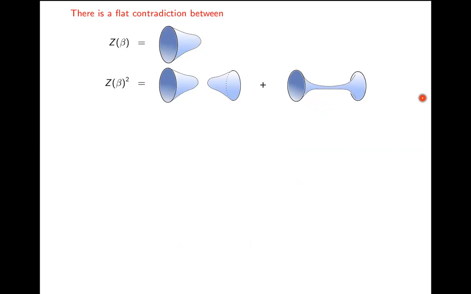And there's a contradiction between these two statements, right? If Z(β) is equal to this quantity here, then Z(β)² can't be equal to this quantity on the second line, because it has this extra wormhole piece. And this led to a bit of a puzzle.